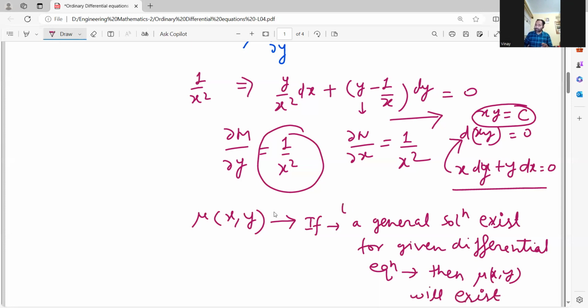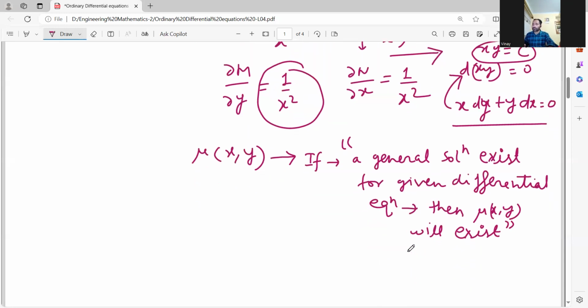You can prove this corollary as well. You can comment under the video if you want a proof for this particular corollary or theorem, but I'm not going to prove it here. If a general solution exists, then you can find a factor that could be a function of x and y both, of x alone, or of y alone.